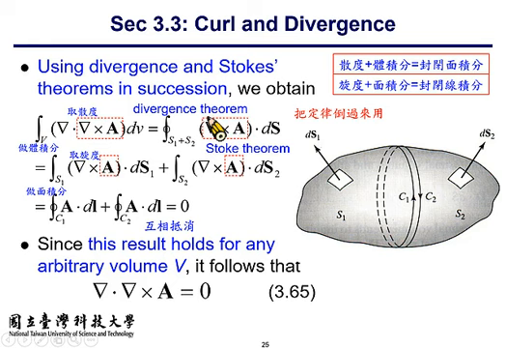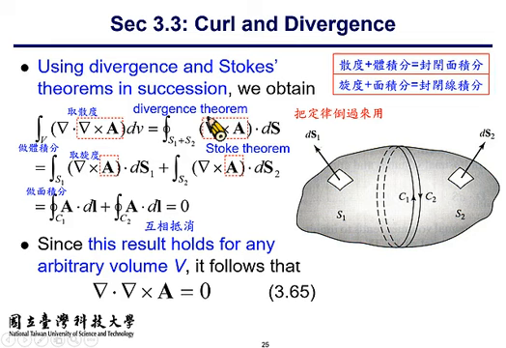So here we identify curl A as a vector, say vector B, all right? So you can substitute curl A as vector B into the relationship of the divergence theorem. Apply the divergence theorem first.